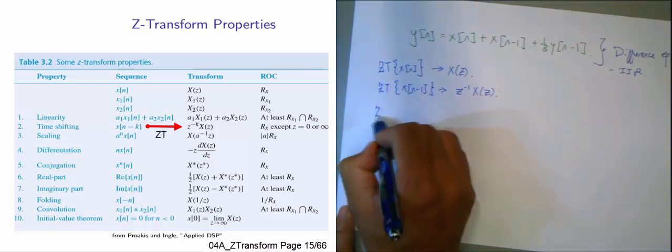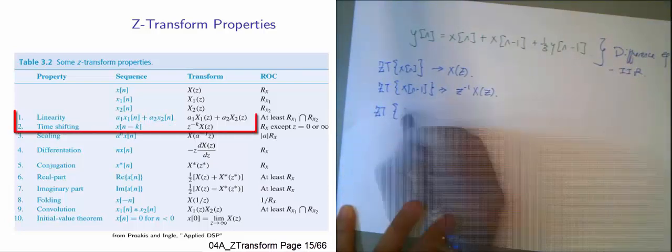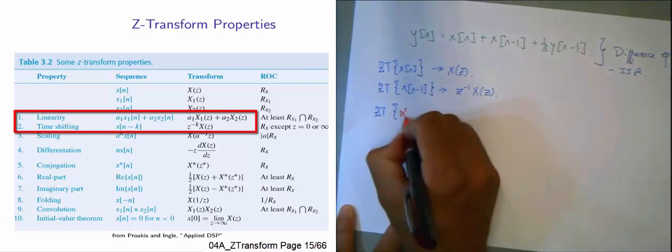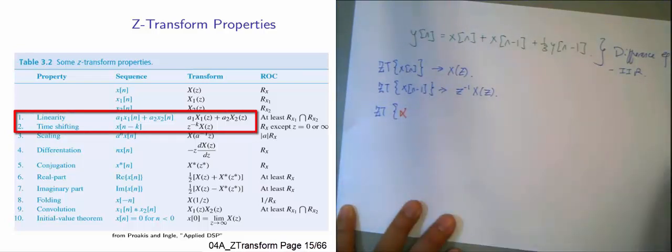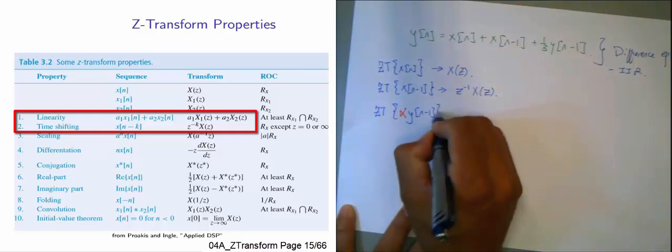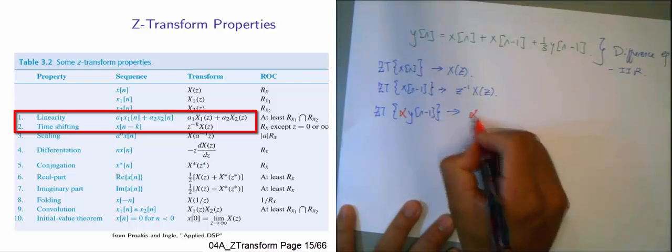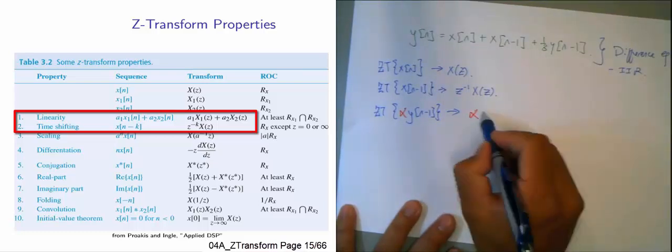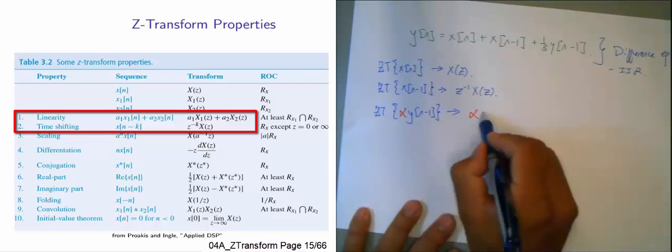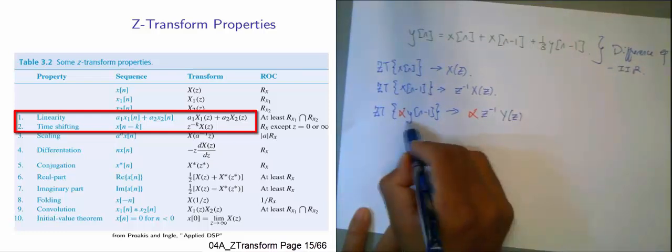And now we have the Z transform of alpha y of n minus 1. What do we get? Alpha, and then z to the minus 1, yes, because this is Y.